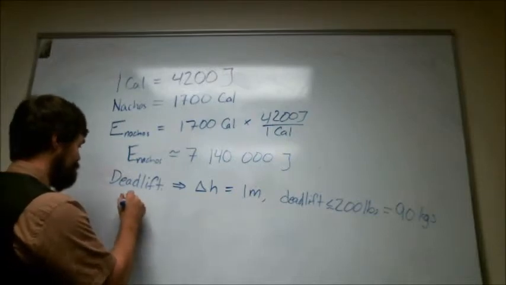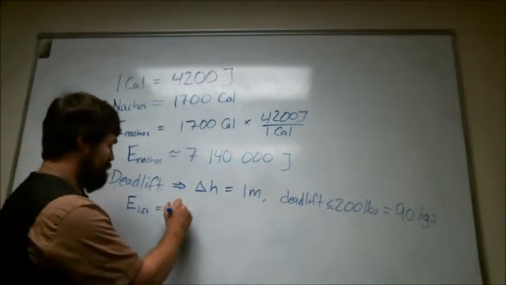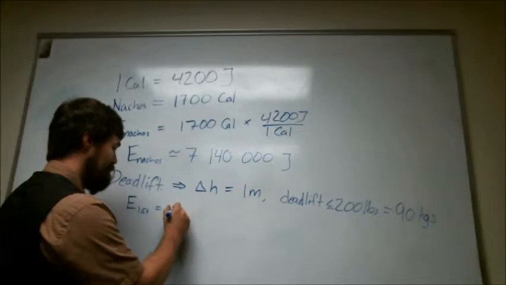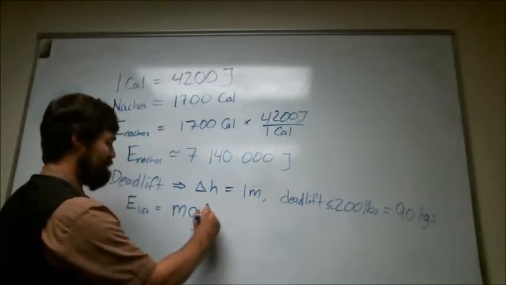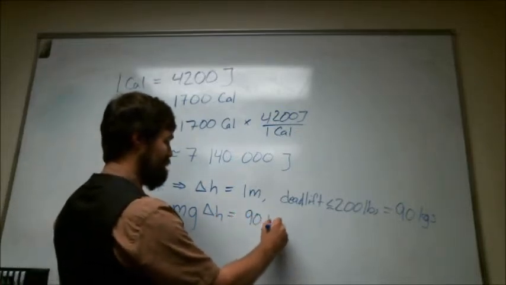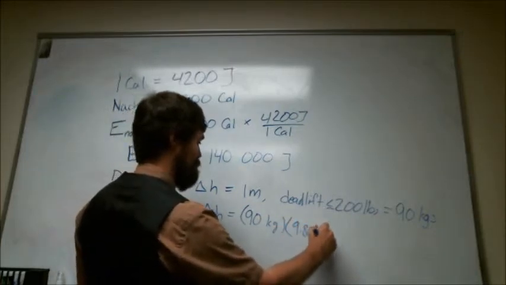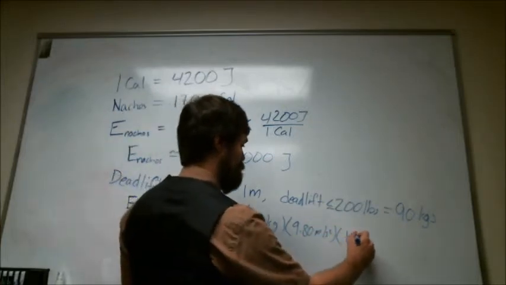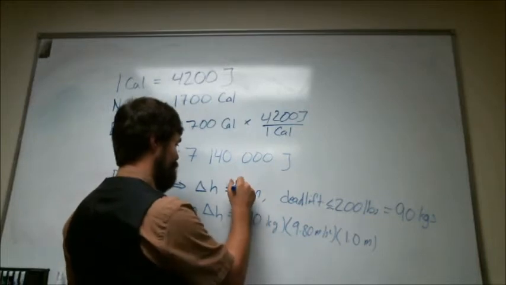So E for lift is going to be however much work he does against gravity. So that's going to be the mass he's lifting times the gravitational acceleration times the height that he lifts it. So we'll call it 90 kilograms times 9.8 meters per second squared times, let's say, 1.00 meters.